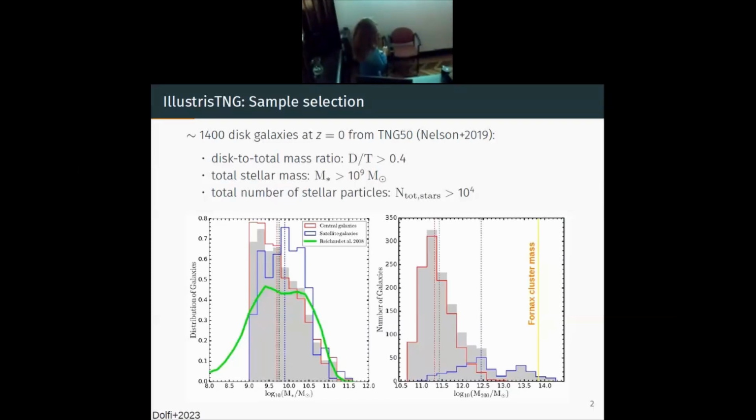The green line shows the comparison with the stellar mass distribution from an observational paper where they studied the lopsidedness in the SDSS survey. Because TNG50 is a higher resolution simulation, the cosmological volume is smaller, so it only includes one cluster environment, and galaxy groups up to Fornax-like cluster environments.